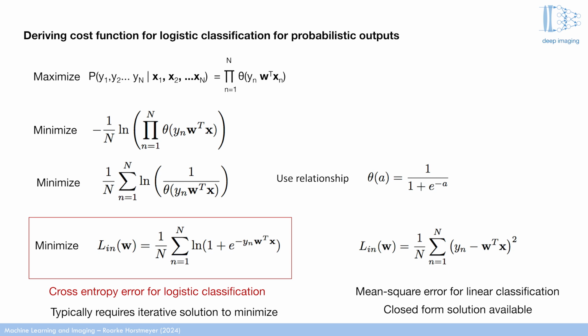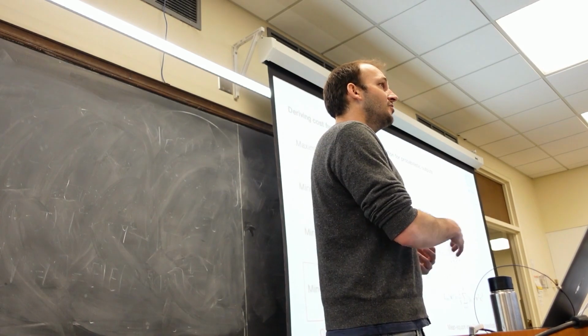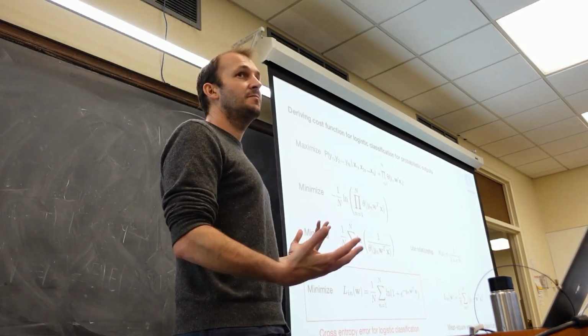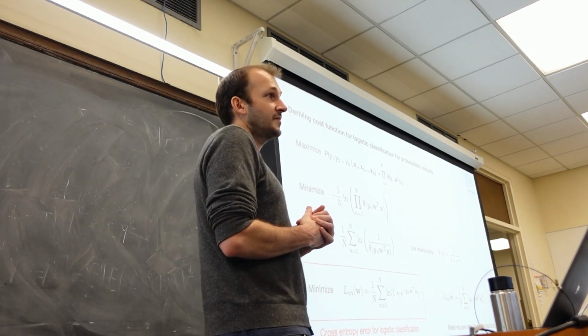Take this expression and try to maximize it, where the theta function is defined over here on the left, and the input is we carefully designed to be the label times W transpose x. So you just crank the wheel and you get this cost function here, this in-sample loss function or training error loss function, which is just a different expression, right? It's called cross entropy, and it's the most popular loss function to use in classification problems, right?